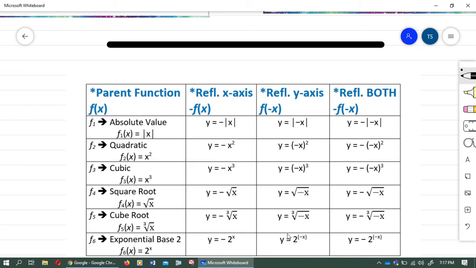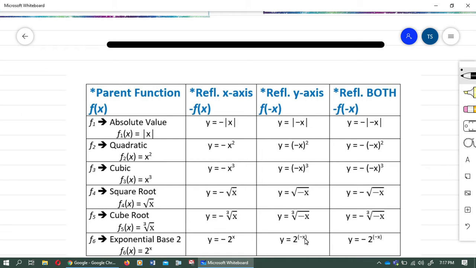Okay, and there you have a cube root, and you've got the negative inside of the cube root. Same thing. And then, guys, the last part with the reflection over the y-axis, you've got that negative as being inside of that exponential function.